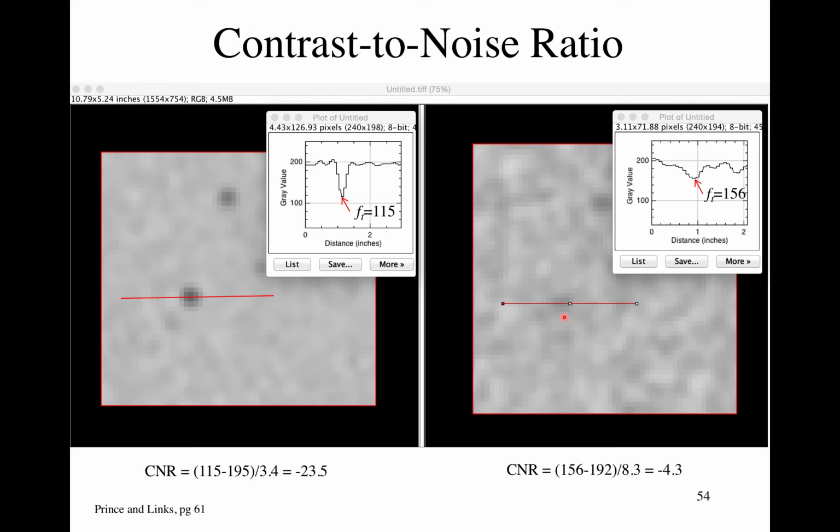If the signal to noise is 5 or greater, you're going to be correct 99% of the time. If it gets down to about 2, you're wrong maybe 40% of the time. When you look at a picture and ask what the signal to noise of it is, this is the parameter that people mostly use.